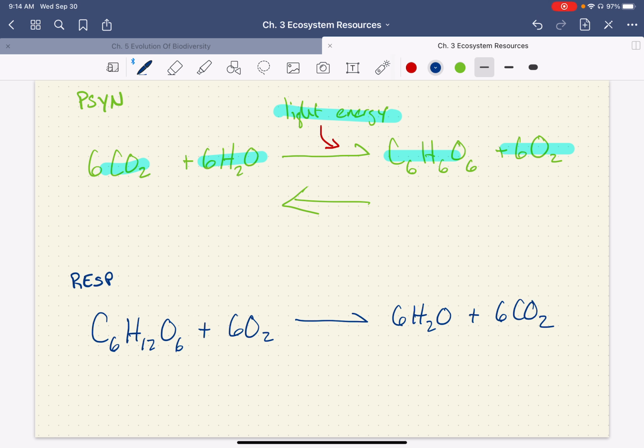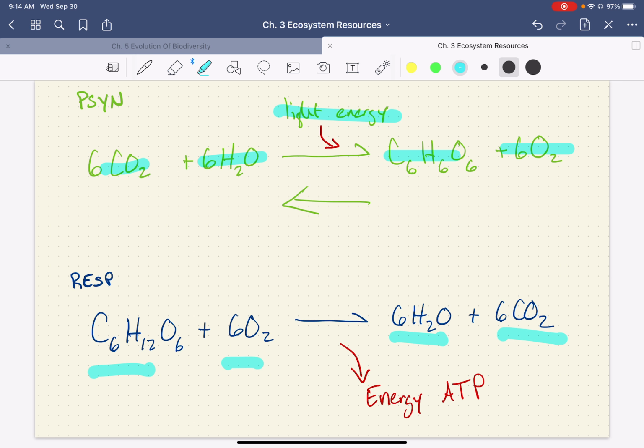All right, so we have some sugar and some oxygen, and we're going to break those apart. And when we break those apart, we get energy released in the form of ATP, adenosine triphosphate. And the byproducts here are water and carbon dioxide.